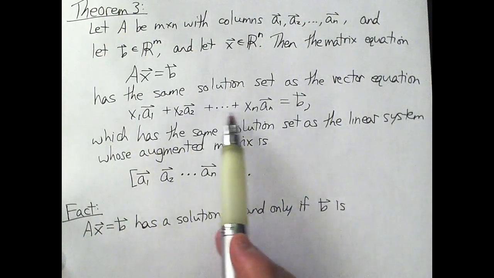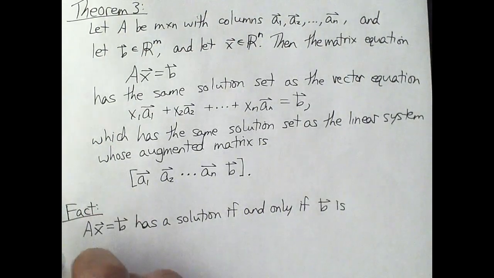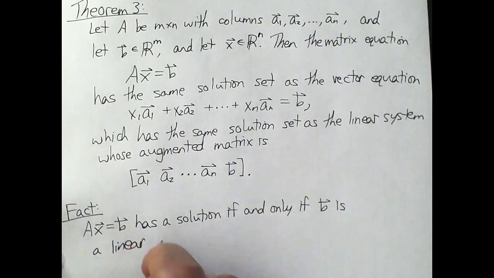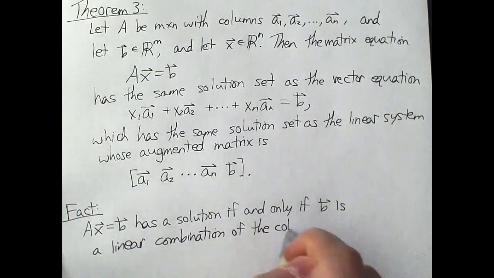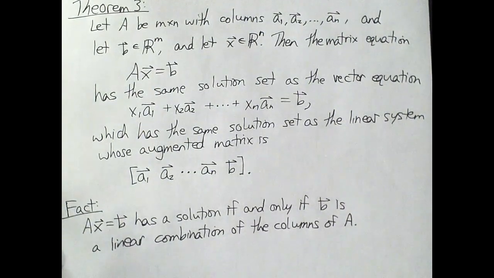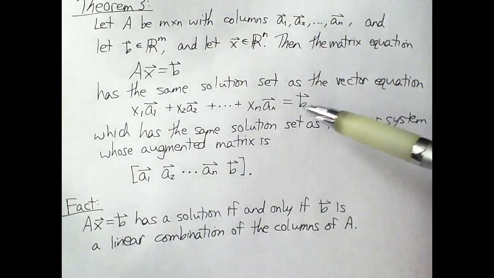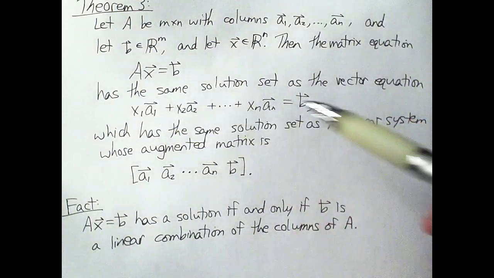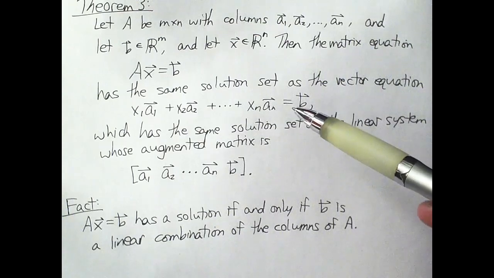If this thing is true, then B is a linear combination of the columns of A. So linear combination was a definition from last time. But we're seeing it show up here because we're looking at this vector equation here, and it kind of looks almost like the definition of linear combination.